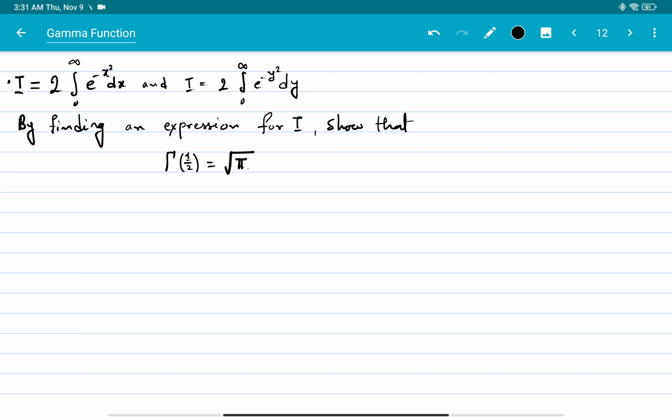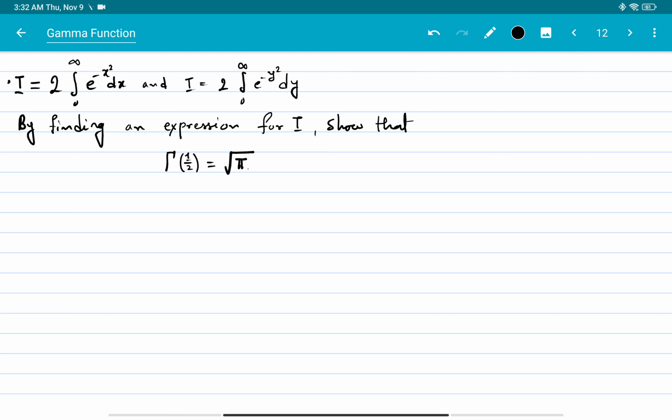These things can be derived from some very important integral concept, that is multivariate integrals.